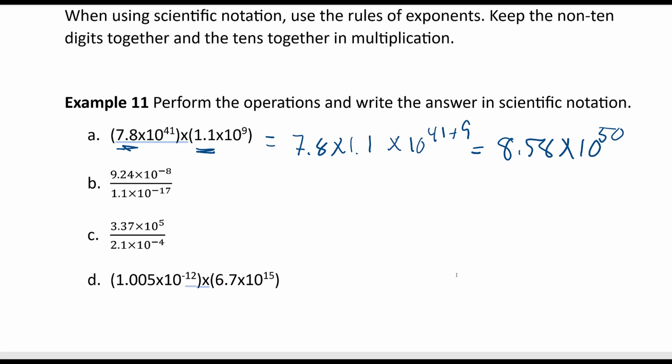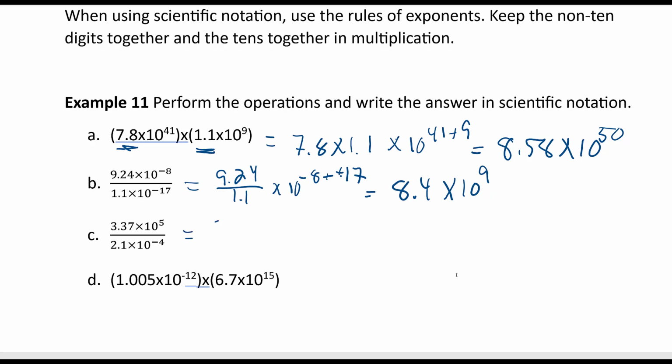Now we have division going on, so we'll do the dividing part. So we have 9.24 over 1.1 times 10 to the negative 8 minus negative 17. Excuse me, 9.24 divided by 1.1 is 8.4 times 10 to the, so double minus negative makes that plus a positive, so 10 to the 9th.